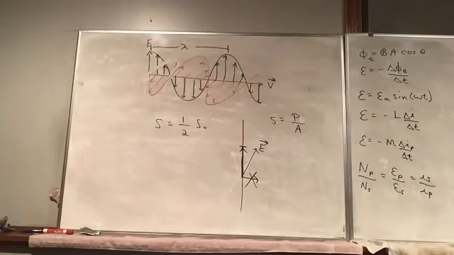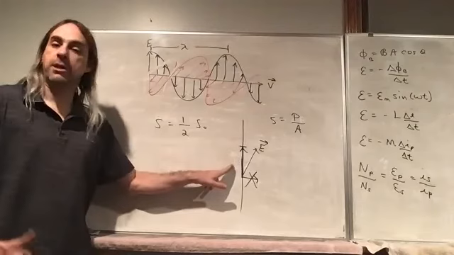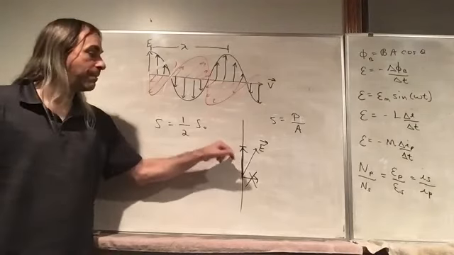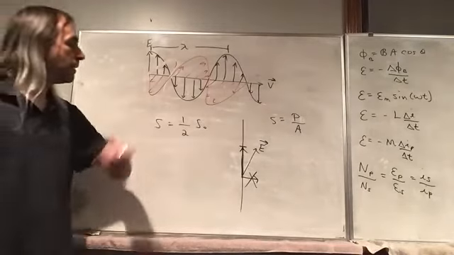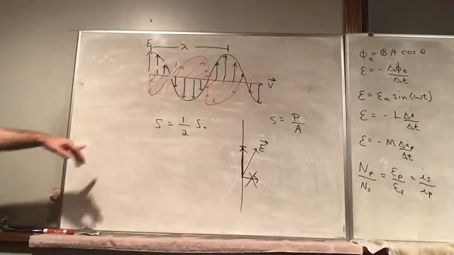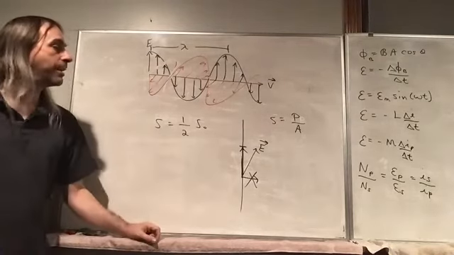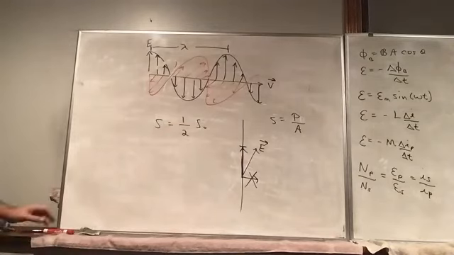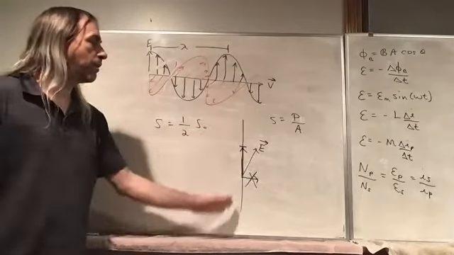It's going to be reduced in intensity though, because the electric field is going to be smaller, so the light is going to be weaker. If you have completely random light and shine it through a polarizer, the intensity is reduced by a factor of 2. So if you have 100 watts per meter squared, shine it through a polarizer, you get 50 watts per meter squared.